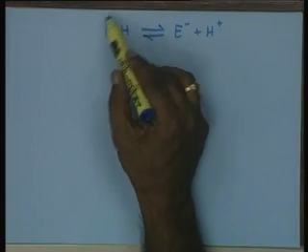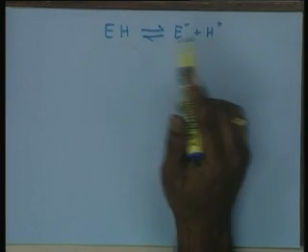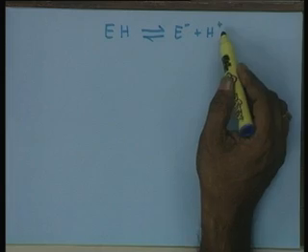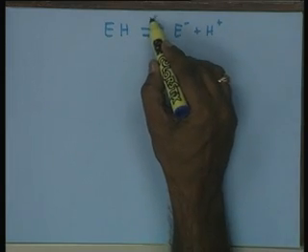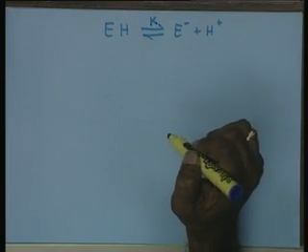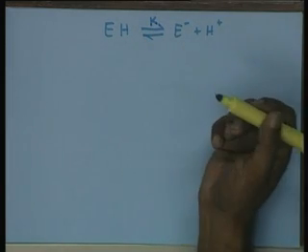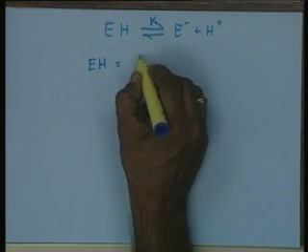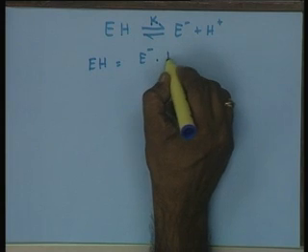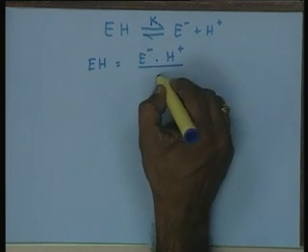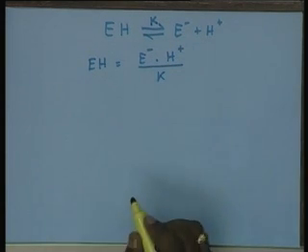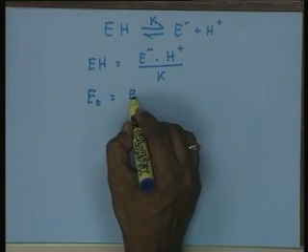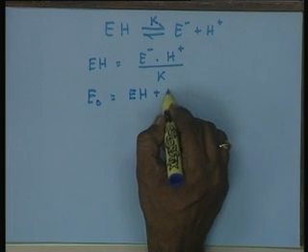That is, the neutral, protonated enzyme can dissociate into the negatively charged enzyme and a proton, with an ionization constant K. Under these circumstances, the concentration of EH will be E minus into H upon K, and the total enzyme concentration E naught will be EH plus E minus.